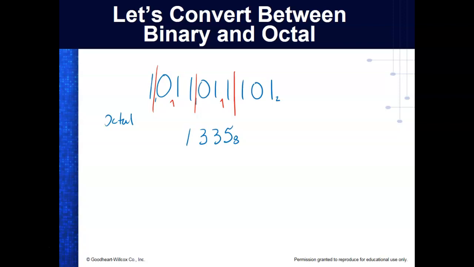You just see them in your head. We can always add zeros over here, and that doesn't change the weight of your number, right? We can't put zeros over here. That's why we always start with the least significant bit and move toward the first. What you're trying to do is get it in groups of three. But after a while, you learn to see the zeros out there, and you don't have to add them.